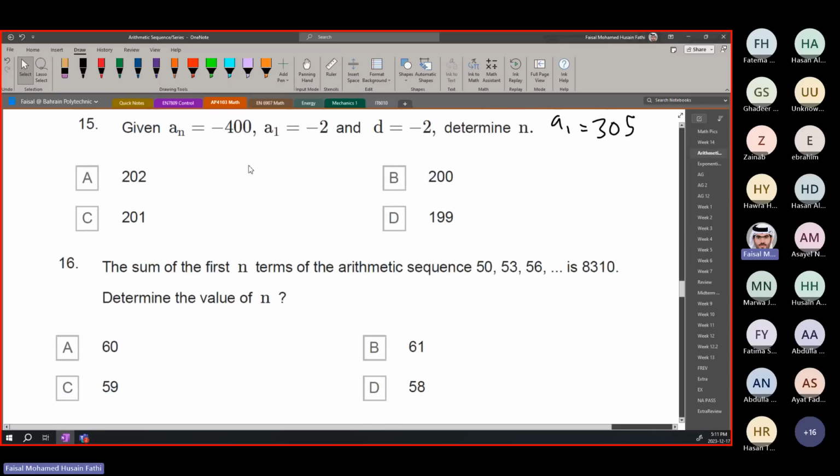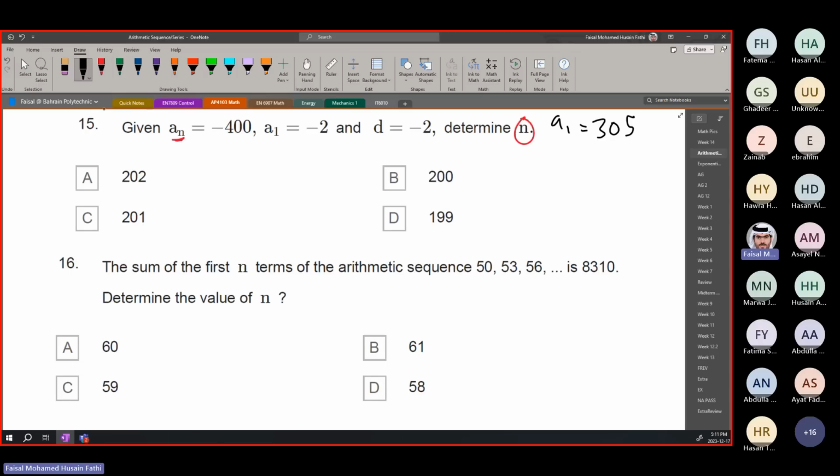In this case, you are given an, but you don't know your n. You need to determine your n. So we know that an is equal to a1 plus n minus 1 times d. This is your main equation. Plug in all the values. So minus 400 is equal to minus 2 plus n minus 1, where we don't know what the n is, we need to find this n, times d, which is minus 2.